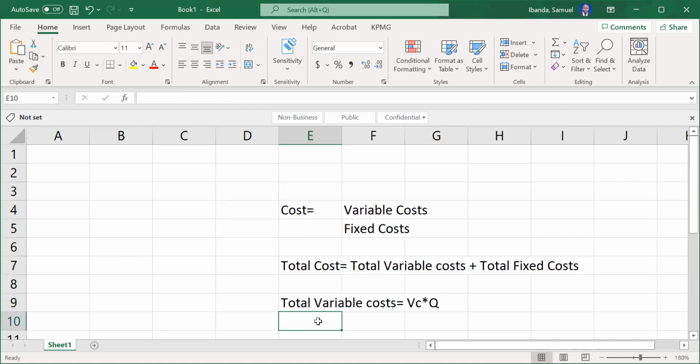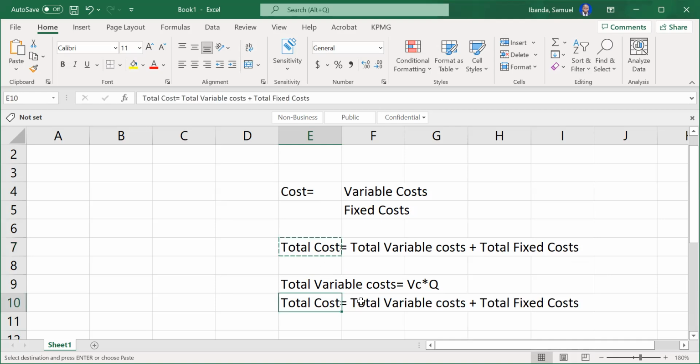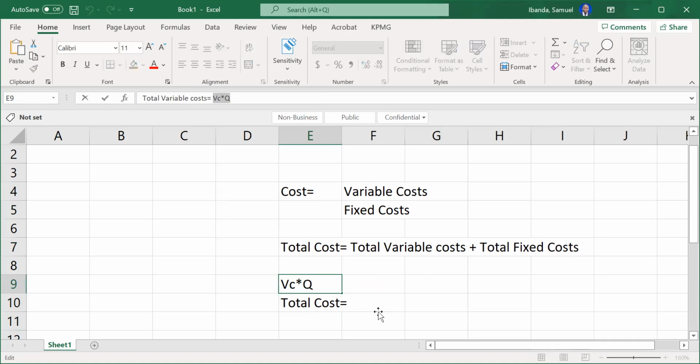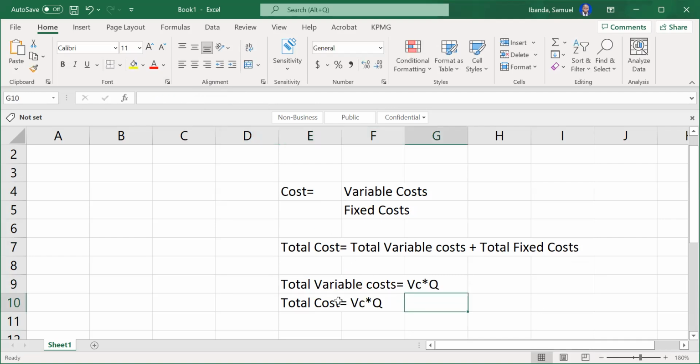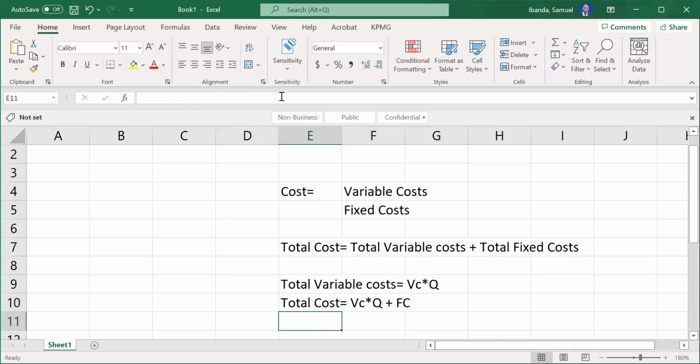This means our formula can also be represented as VC plus our so-called FC, fixed cost. So total cost is equal to the variable cost per unit times quantity plus fixed costs.